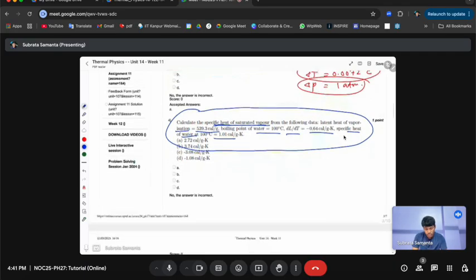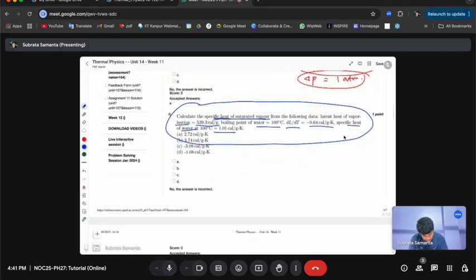So first note down what are the given data. The latent heat L of vaporization is 539.3 calorie per gram, and the boiling point of water T is 100 degrees centigrade.